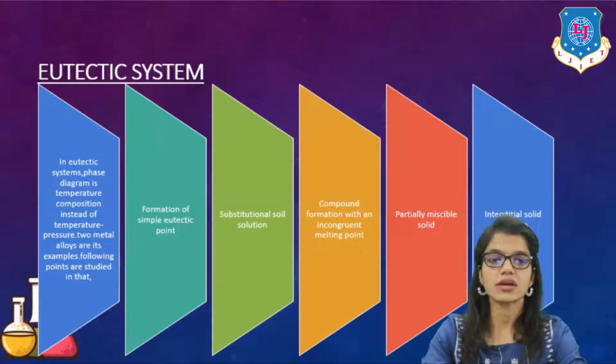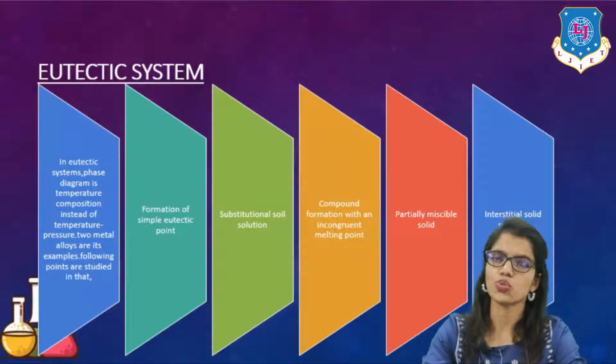Here we can study, with the use of a eutectic system, how the formation of a simple eutectic point occurs, how a substitutional solid solution forms, along with it a compound formation with an incongruent melting point can be possible, and even the formation of partially miscible solids and interstitial solid solution formation can also be understood with the help of any kind of eutectic system.